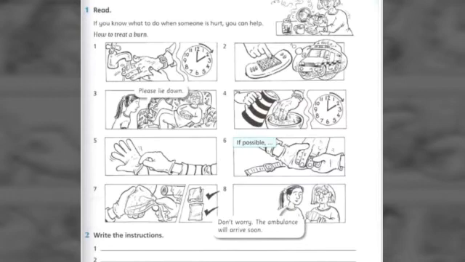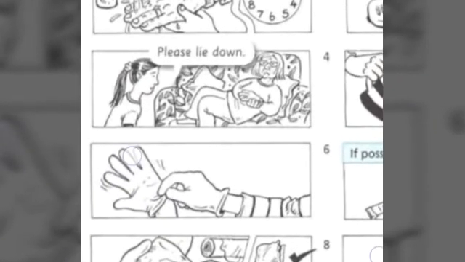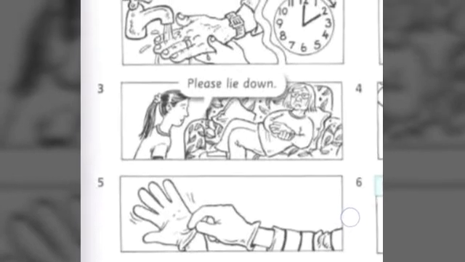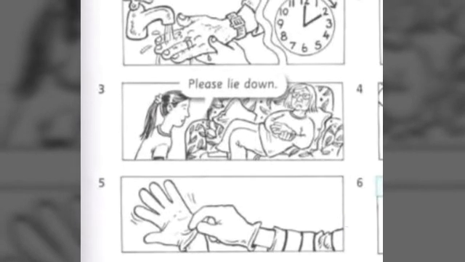You have 8 pictures. Here are the instructions, and you are gonna write one instruction for each picture, so you will end up with 8 instructions. And of course, if you are gonna write an instruction, you should start with the verb. Let's start with the first picture. In picture number 1, you should keep the hand or the burn under running water for 10 minutes, as you see here at the clock here.